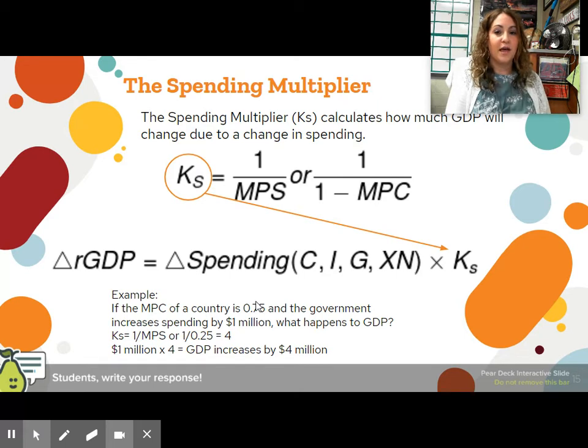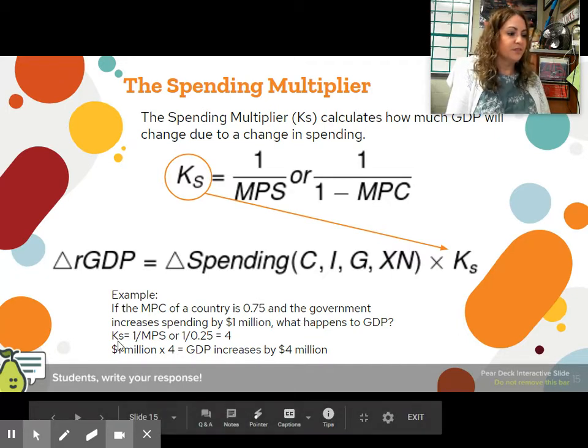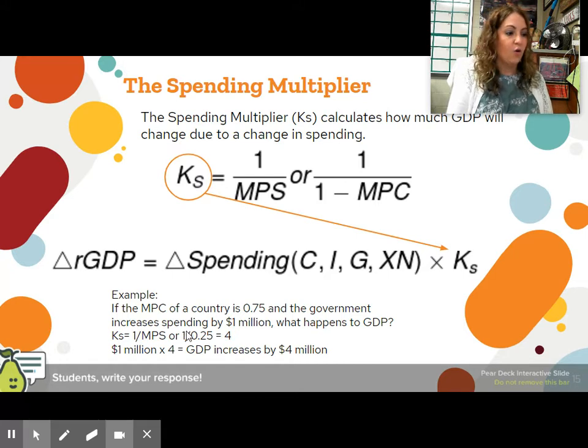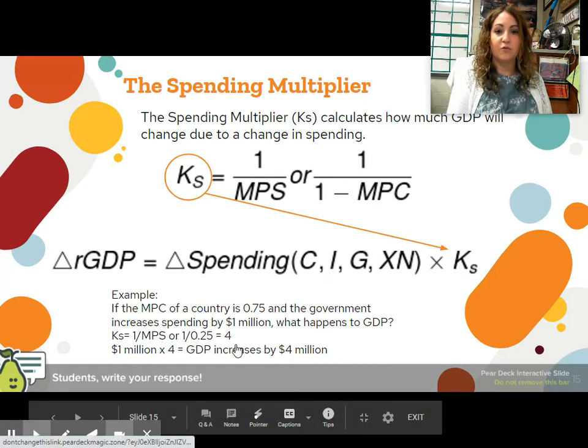So if I know that MPC is 0.75, I can just subtract 0.75 from 1 to get MPS, which is 0.25. So KS is 1 over MPS, or 1 over 0.25, because that is the marginal propensity to save for this problem. 1 over 0.25 is going to be equal to 4.